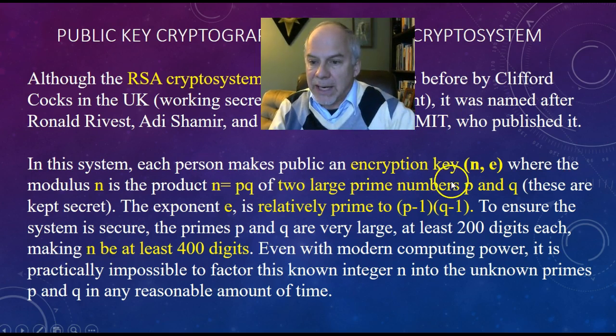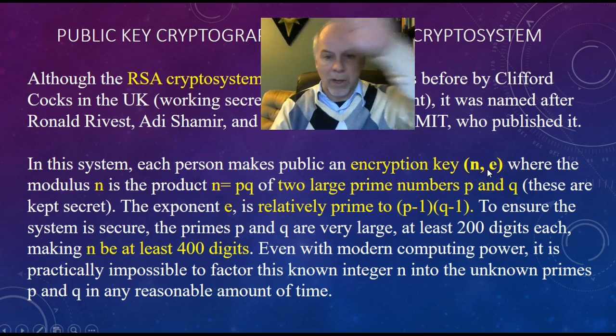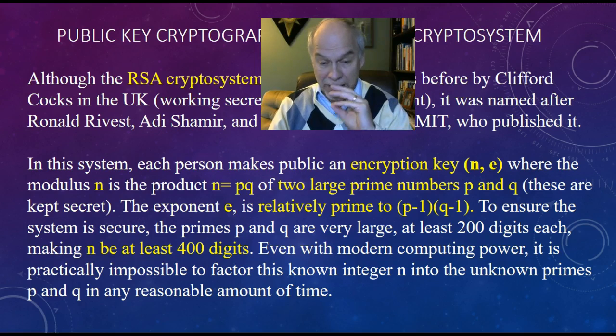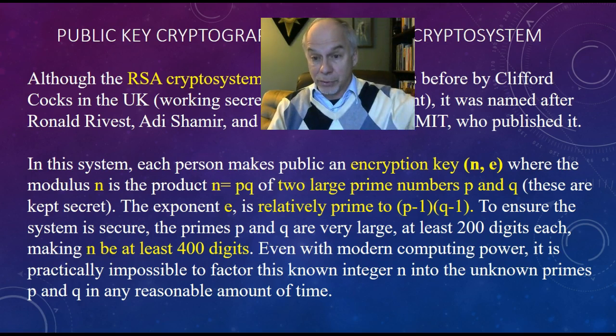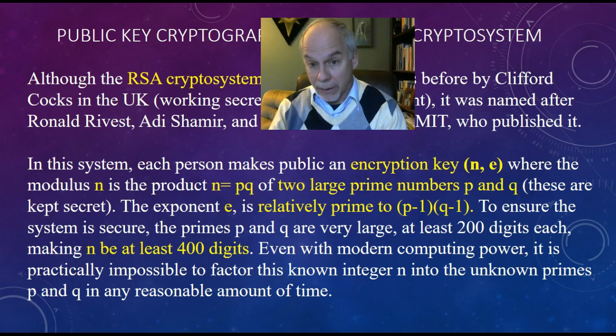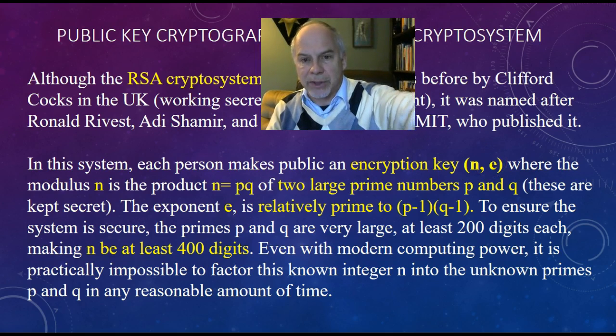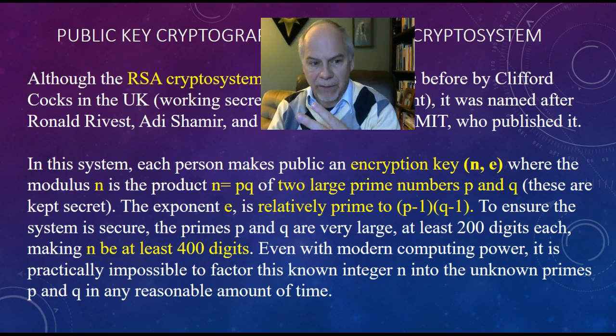They publish N and E so that anyone who wants to send them a message can use the N and the E to encrypt a message and send it to them, okay? Actually, their computer does this. It's all computerized, but anyway, their computer sends an encryption key, which is two numbers, N and E, all right?